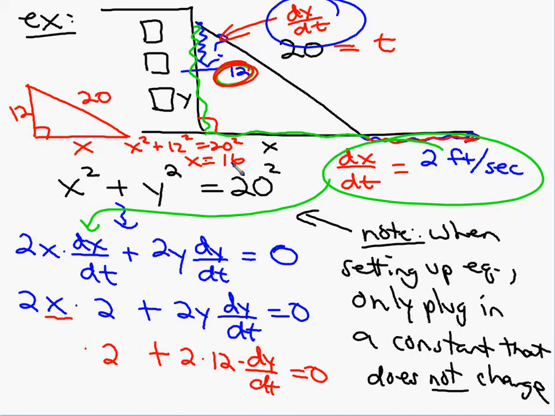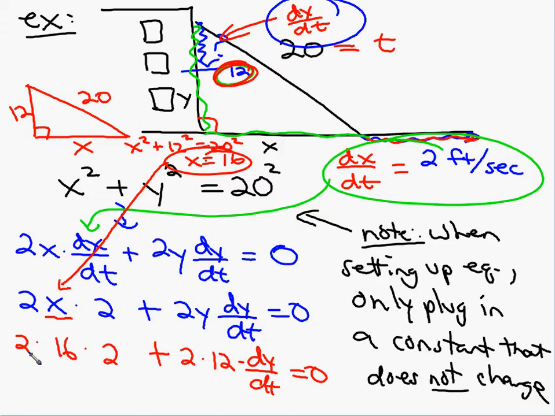Now I know what x is, so I can put that 16 in right here, times 2. And guess what? I now have all of the information in, and I can solve for dy/dt.